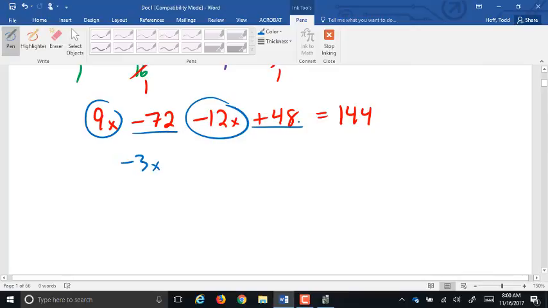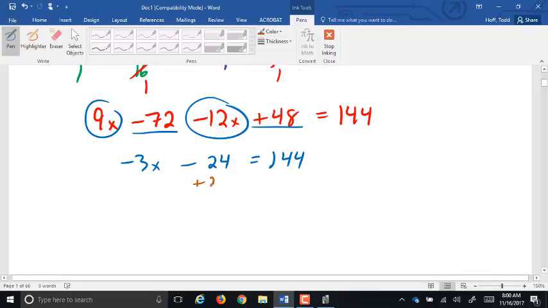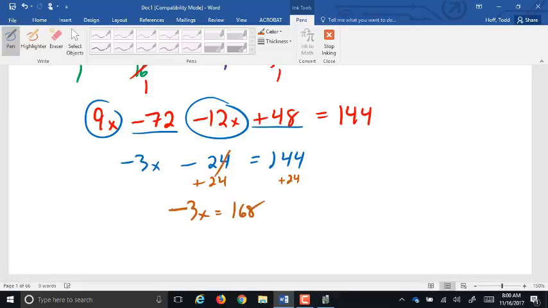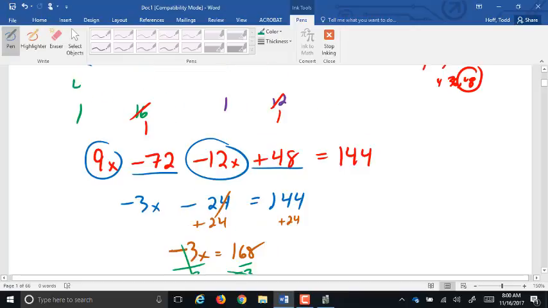Negative 72 and 48 making negative 24. What's next? Add 24. Negative 3x equals 168. And then divide by negative 3. X equals negative 56. We get the same answer.